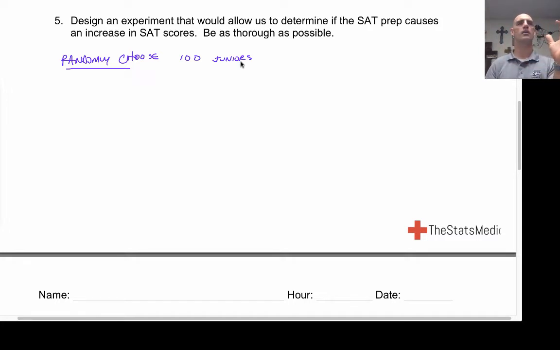If it's a freshman, they don't really care. So you're picking all of the same age group, and you pick these 100 juniors to be a part of the experiment.